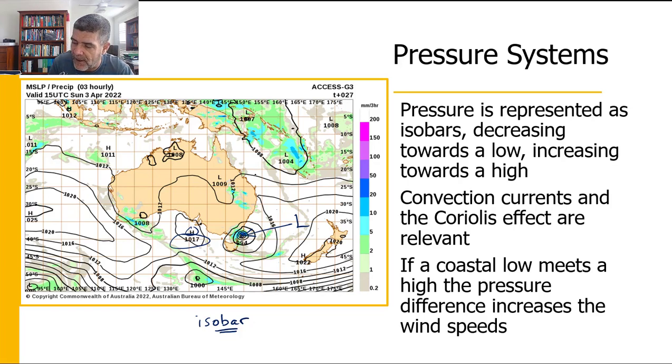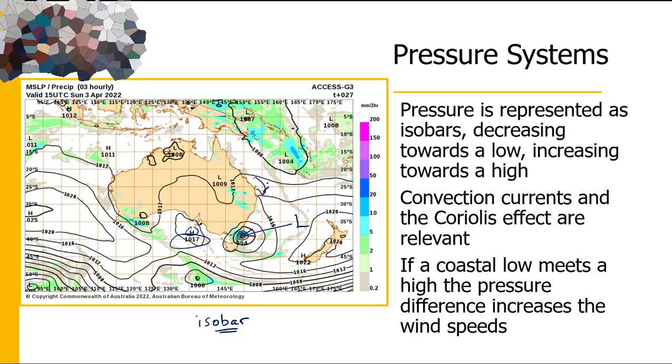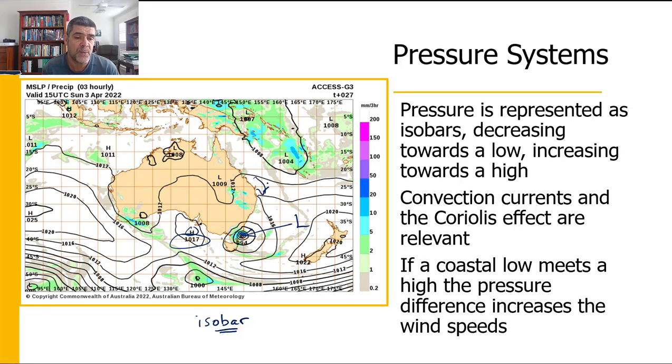So we expect a lot of these are going to kind of move down from the north. But the problem ones are the ones where we form these lows over warmer water in the ocean, and then they kind of get stuck. They run into a high pressure ridge that blocks their passage. What that means often is that we see these isobars getting closer and closer together, which you can kind of see happening in this little low pressure system here.